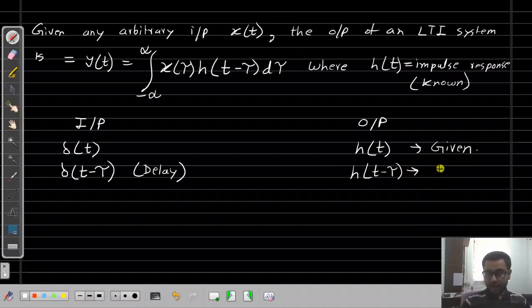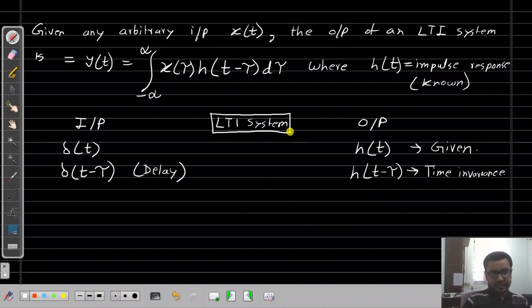This is by virtue of time invariance. This is only true for an LTI system. This is not true in general. If the system is LTI, then I can write for this input, output will be like this.